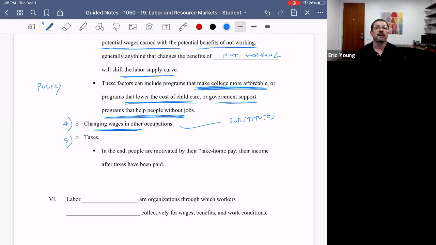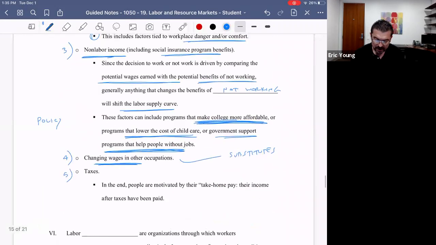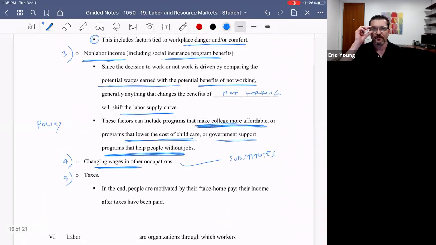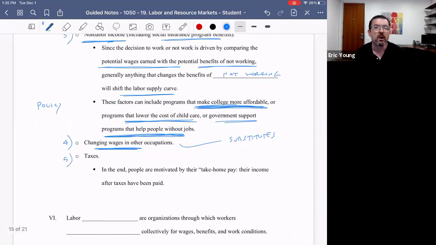And fifth and finally, we would argue in economics that the market supply curve will shift based on taxes. Because at the end of the day, you're really not motivated by your salary at the gross level, gross meaning pre-tax. People are ultimately motivated by their take-home pay. Okay, there's a couple terms for you. Your gross pay is the total amount that you earn based on how much you worked and how much you make.